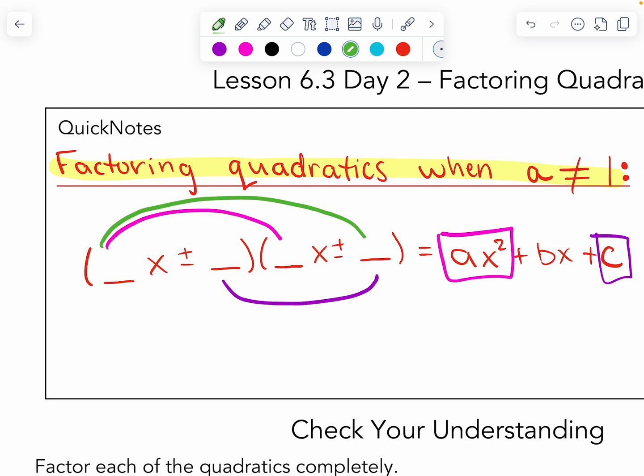Right, so we just did our first in pink. Now we're going in with the green, so that's going to be the outer. So the outer and the inner get you bx.